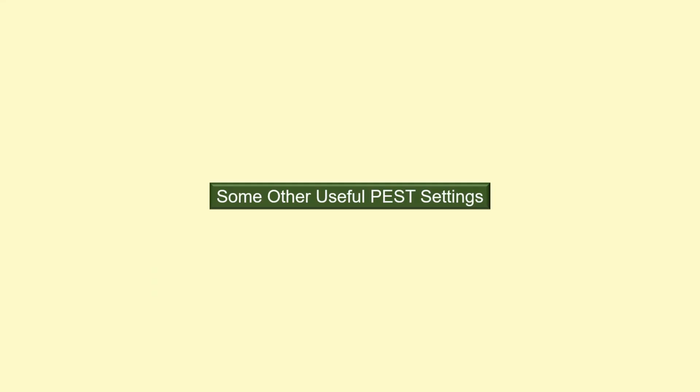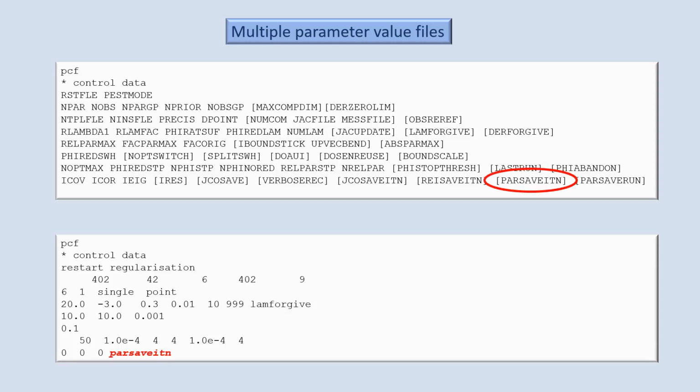Now let's spend some moments looking at just a few other PEST settings that you may find useful. Let's have a look firstly at this optional variable that's situated at the bottom of the control data section of the PEST control file.